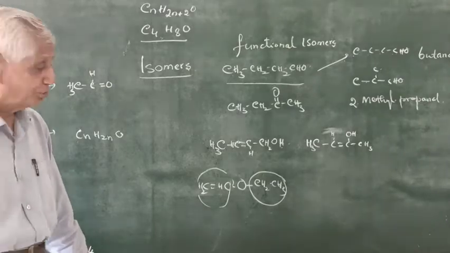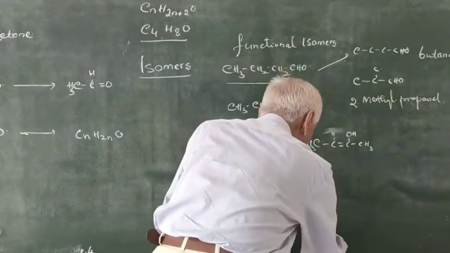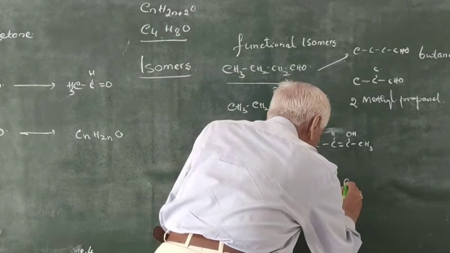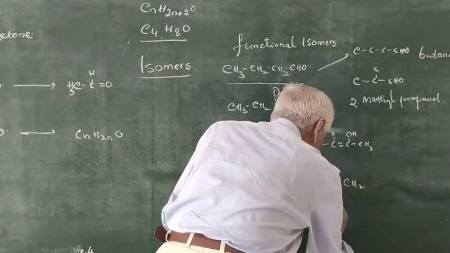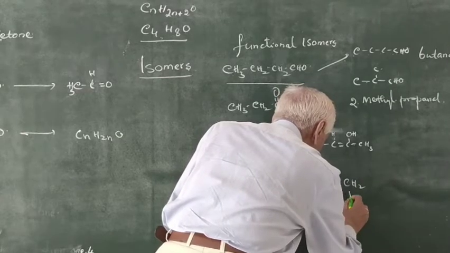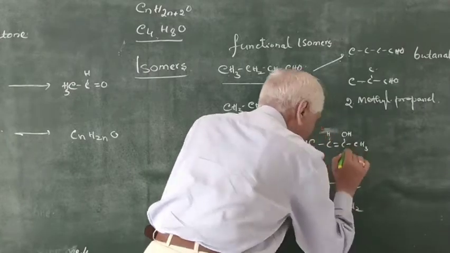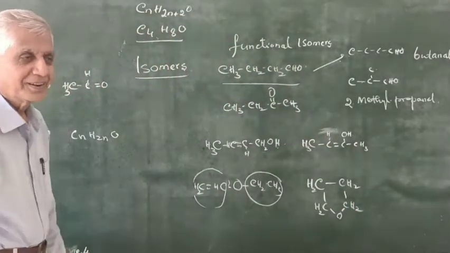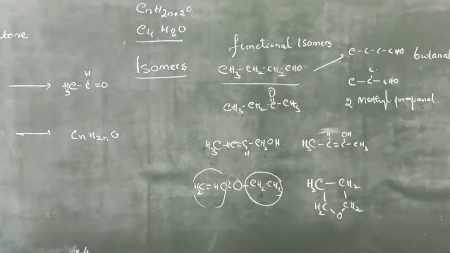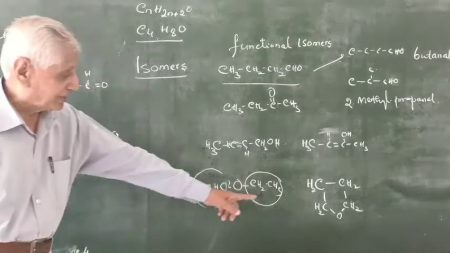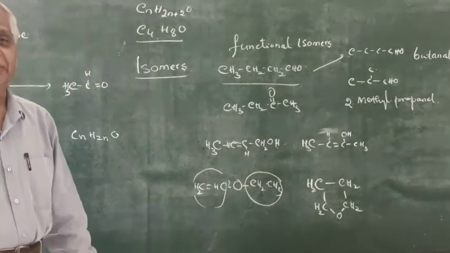Or you may have a structure like this: CH2, CH2, CH2, CH2, O. This is cyclic ether. This is called oxetane.